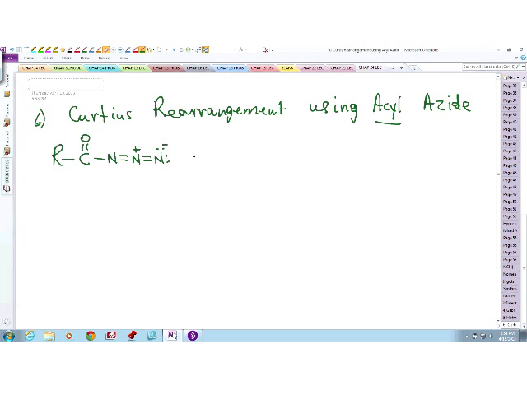Now, if you take the acyl azide, you apply heat. What it does, the acyl azide will rearrange to give you this molecule here.